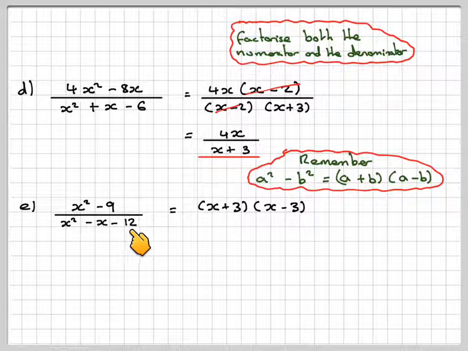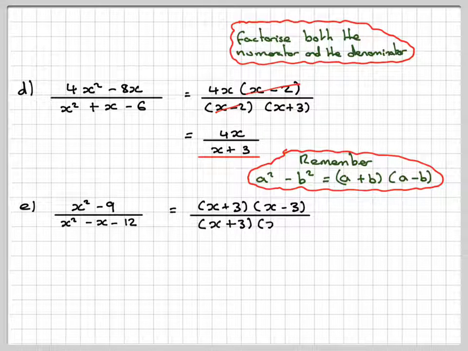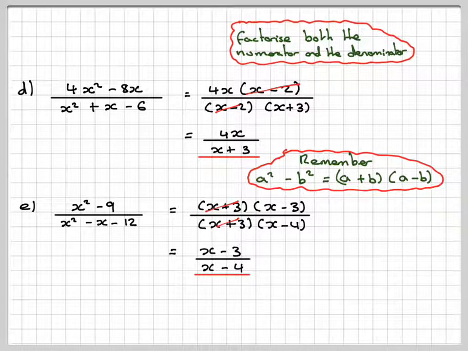The factors of 12 are 3 and 4. So you want minus 4 and plus 3. So it's x plus 3, x minus 4, sorry. Here you can see you have the same thing. So you can cancel. So you're left with x minus 3 over x minus 4 as the final answer.